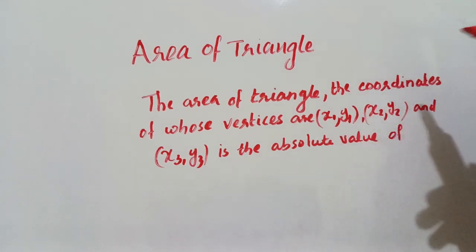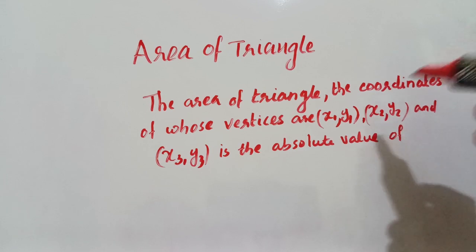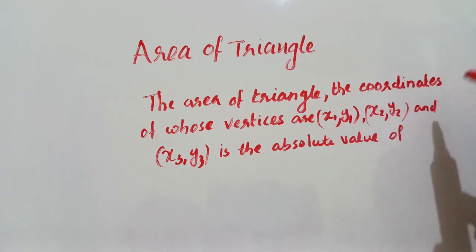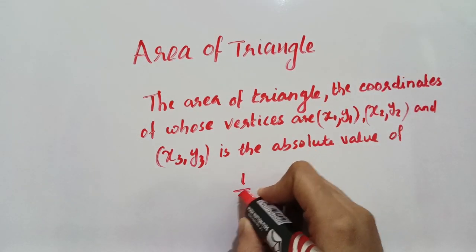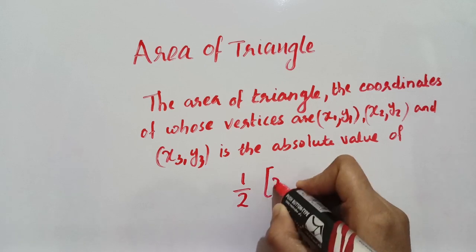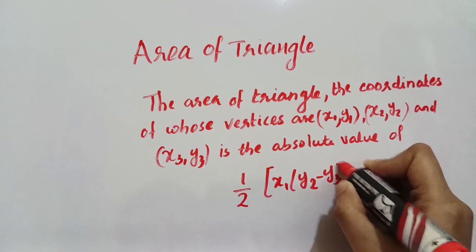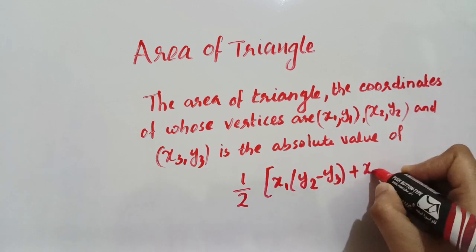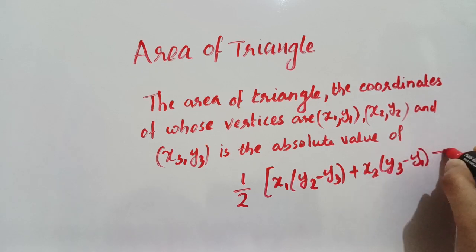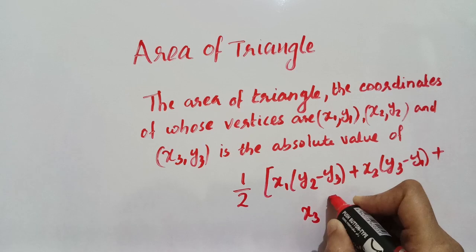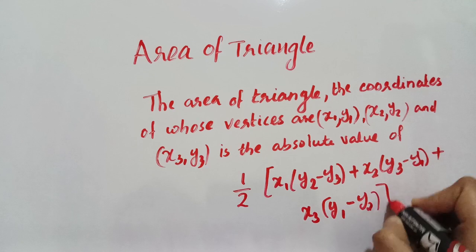Next, the area of a triangle. The area of a triangle, the coordinates of whose vertices are (x1, y1), (x2, y2) and (x3, y3), is the absolute value of half into x1 into (y2 minus y3) plus x2 into (y3 minus y1) plus x3 into (y1 minus y2).